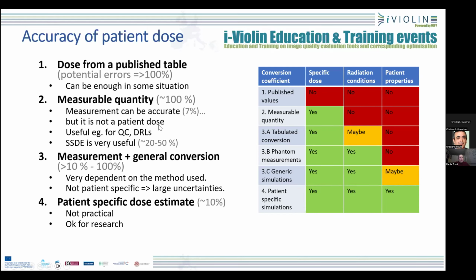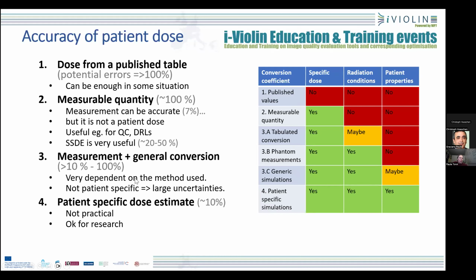This measurable quantity is useful for quality control, and this size-specific dose estimate is a very useful development in this field. When we do measurements and general conversion, uncertainty is very dependent on the method used, and it's still not patient-specific if you don't take into account the patient-specific beam properties and the patient properties, and then we can have large uncertainties.